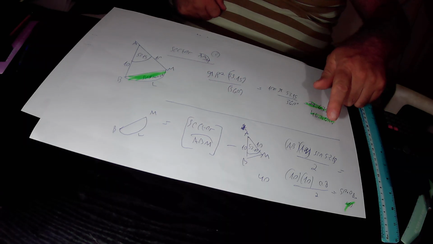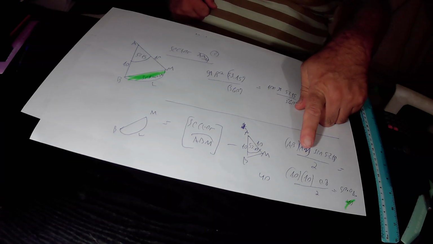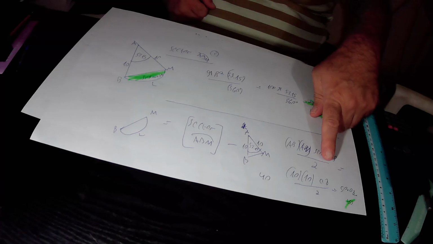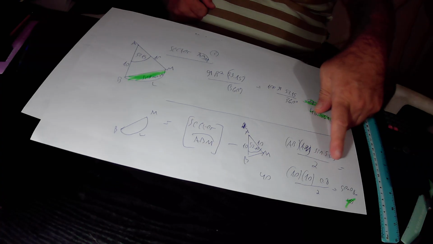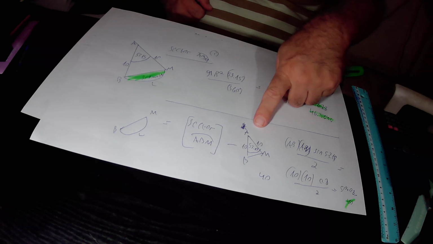Sine 53.15 is 0.8, so 10 times 10 is 100, and 100 over 2 is 50. 50 times 0.8 is 40. So we found out that the area of this triangle MBA is equal to 40 square units in its size.